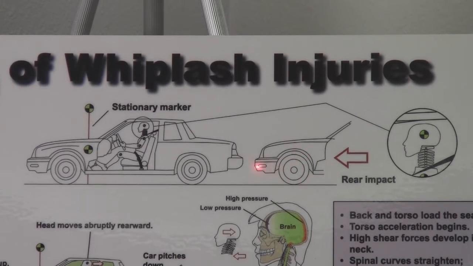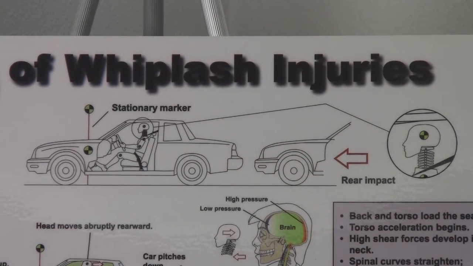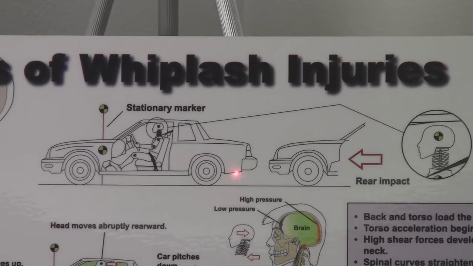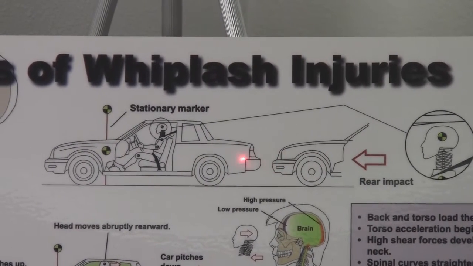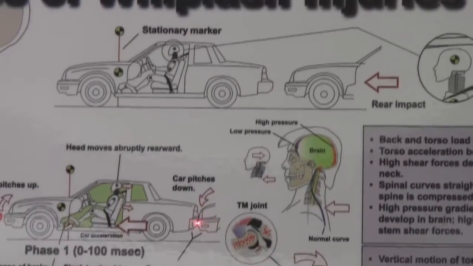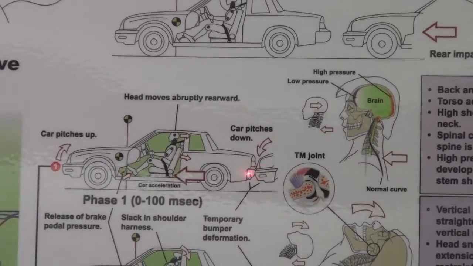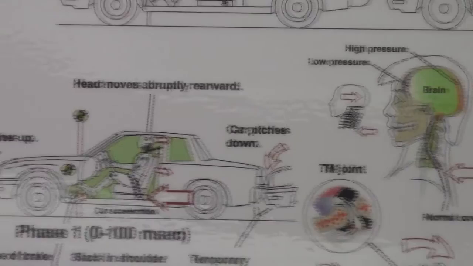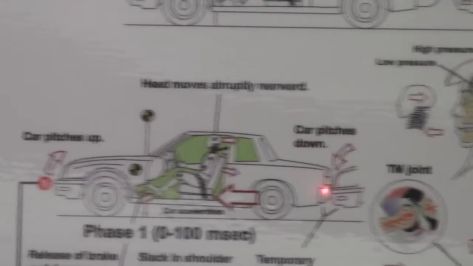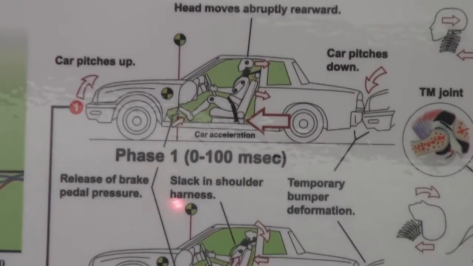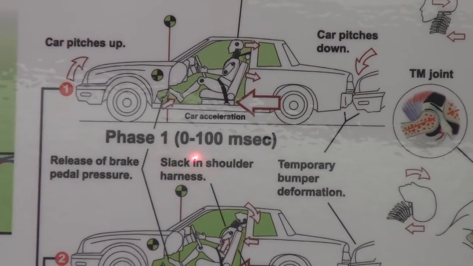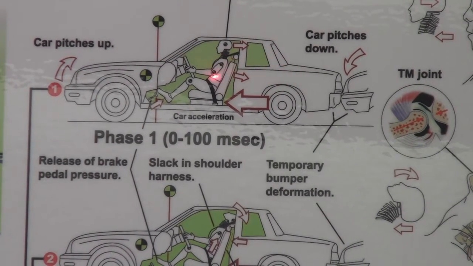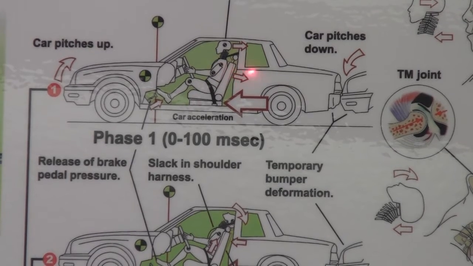And so what happens upon impact, this impact is being done at, I believe, 8 miles per hour. As the first car impacts the second car, the car in front pitches down in the back and then pitches up in the front. In the first 100 milliseconds, what we call phase 1, the head moves abruptly backwards as the body presses against the seat.